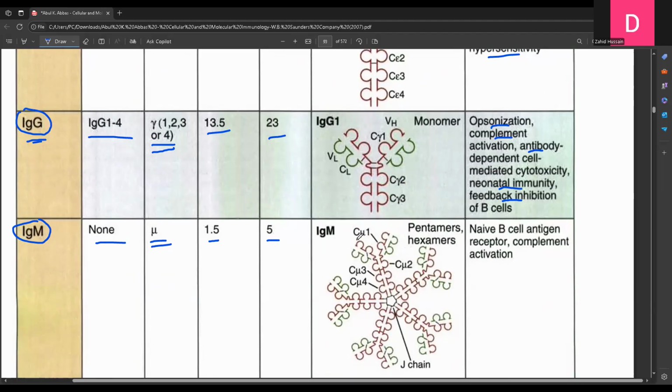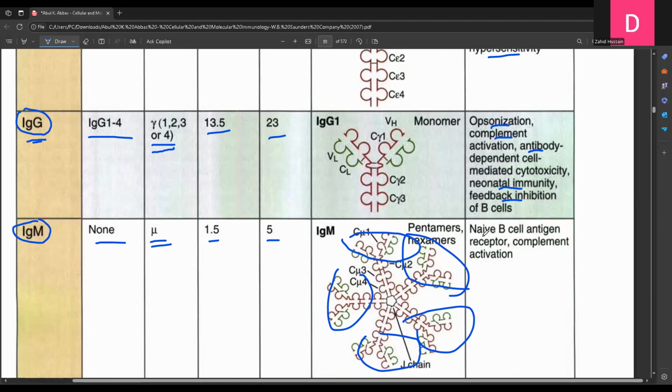You can see that these 5 antibodies will come together and form one antibody, that is IgM. It's the strongest antibody and has 10 binding sites, and it shows more affinity and more avidity.